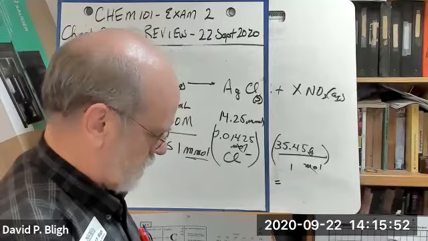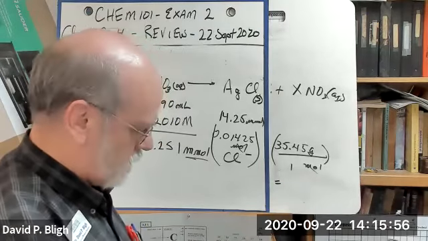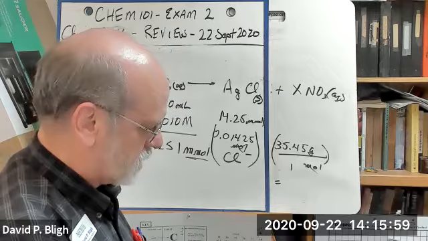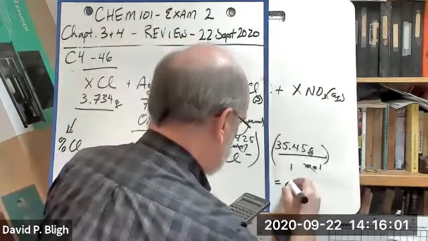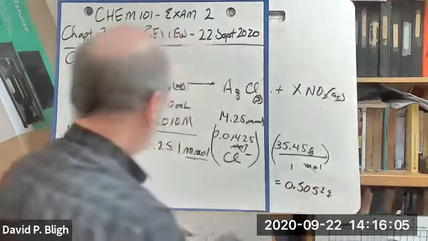So let's see, 1,000, convert this. There we go. Now, 35.45 times is 0.5052 grams.